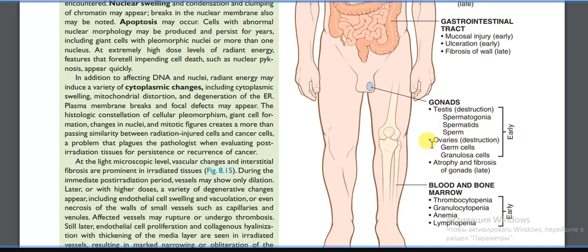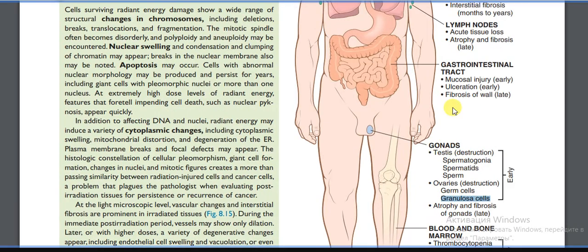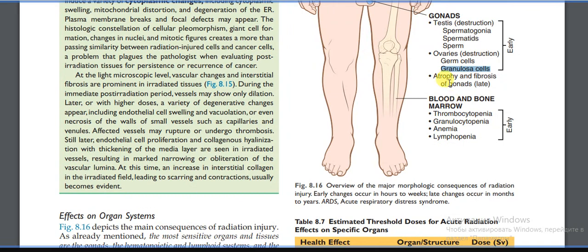In ovaries it also causes destruction of germ cells and granulosa cells, which later impairs normal fertilization. And of course, atrophy and fibrosis of the gonads happen late due to alternative macrophage activation.